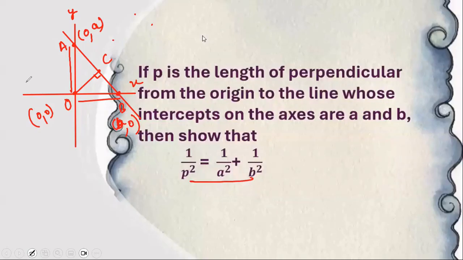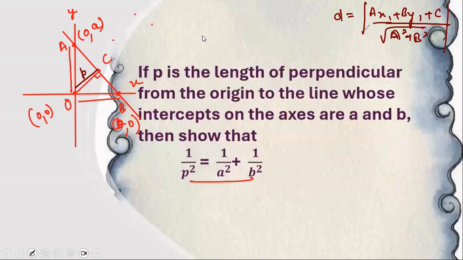What is given more? The length of the perpendicular is given. So the length of the perpendicular is given means this distance is given as small p. Whenever we have the length of the perpendicular, or the distance of the perpendicular from the origin or from any point, we have the direct formula for that, which is (Ax1 + By1 + C) under root, over the square root of A square plus B square.